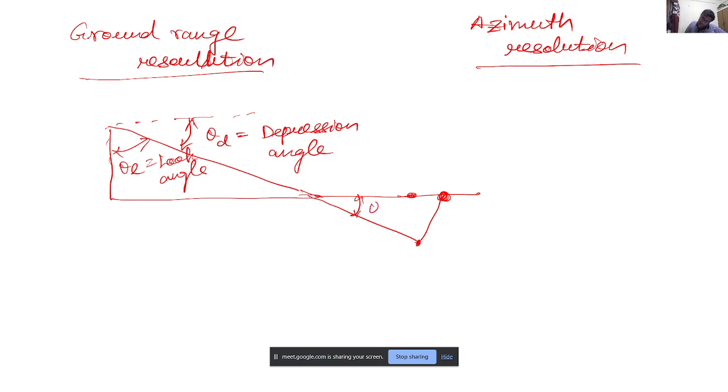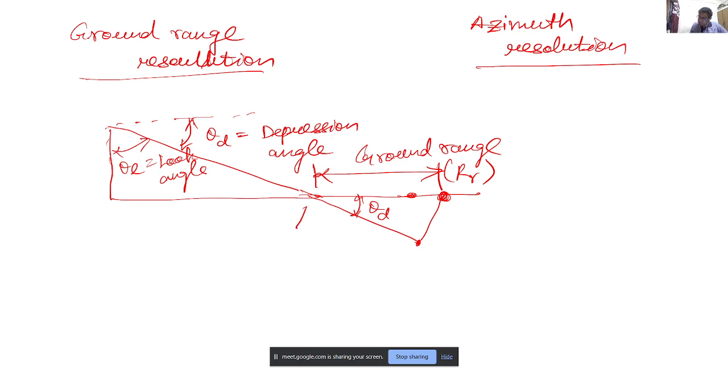This is theta D. This part is something known as the ground range, and we are denoting it as R small r.